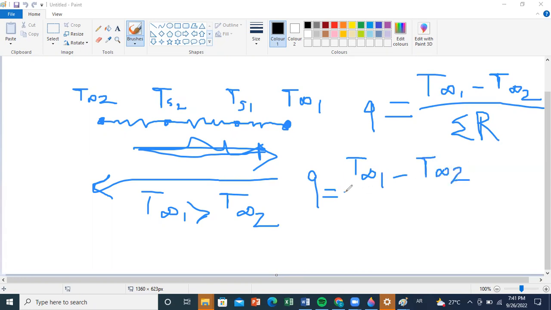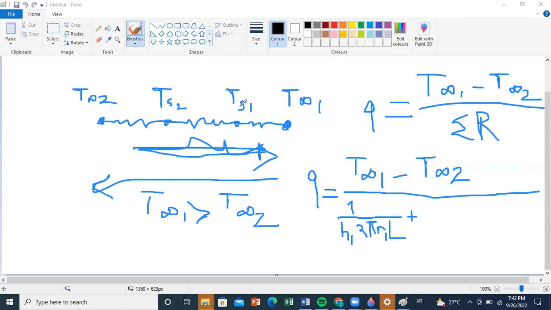We said the first resistance is the convective resistance. It's 1 over H1 times A1, and A1 is 2 pi R1 times the length L. Plus, we have now found together the expression of the conductive resistance for a cylindrical wall.